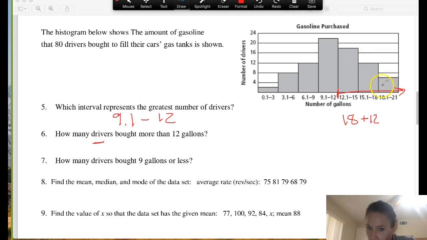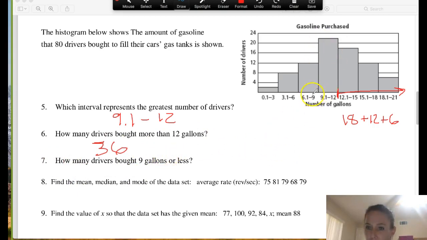And in this interval, it looks like you're almost to 8. So I'm going to go with 7 or 6, maybe halfway. Okay. So you've got 18 here, 12 here, and 6 here. So add those up. How many do you have? 36 drivers.